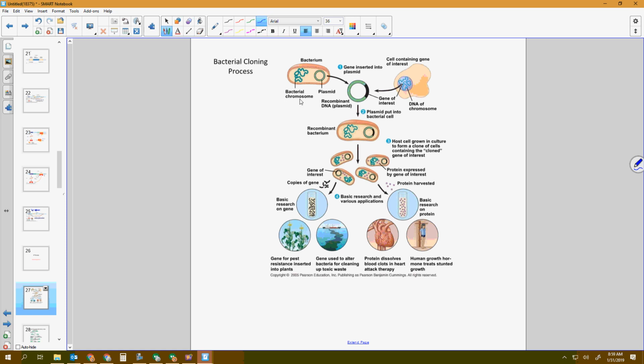This is where we take a gene that we want to put into another organism. Most of the time that's a prokaryote, but more and more we are figuring out how to do this with eukaryotic organisms as well. And we cut that gene into place. We take a gene, we take a plasmid, we cut the plasmid, insert the new gene, put that into a bacteria, and there you go.